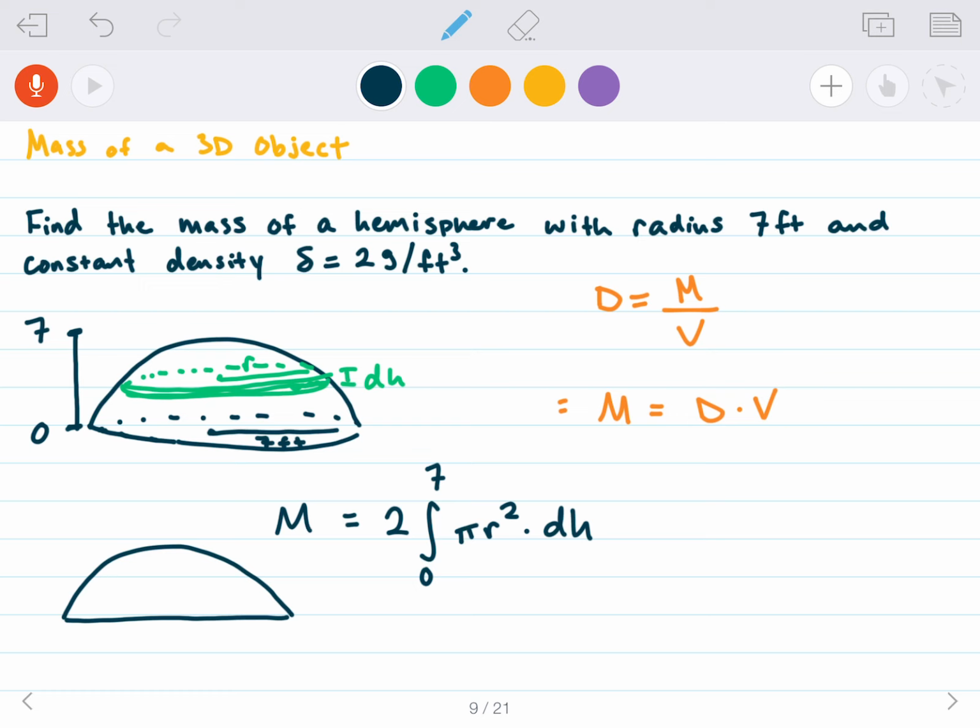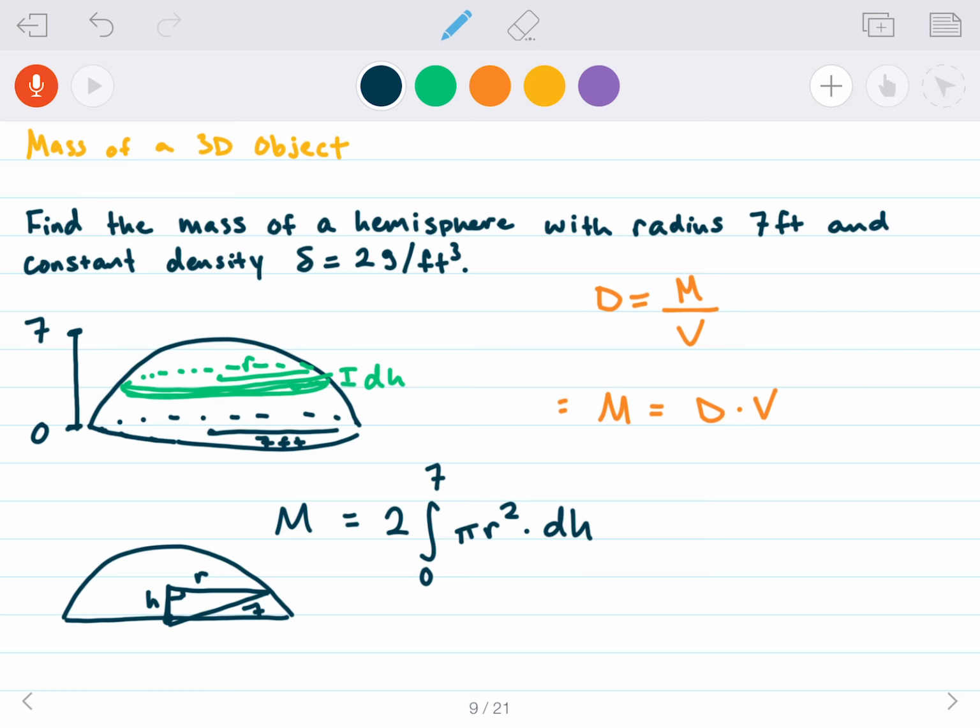Now, remember what we had to do. We had to turn r in terms of h since we are integrating with respect to h. To do that, we did a little trick. Let's say that we have a disk at height h, and we want to figure out what this radius right here is. Since we have a hemisphere, if I draw a line from the center to the edge, that's going to be the radius, and the radius was 7.